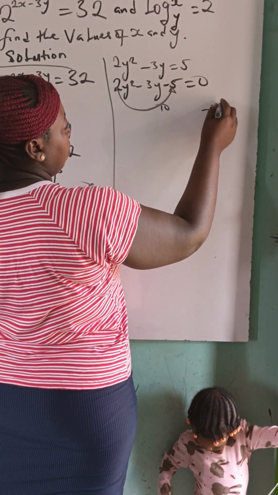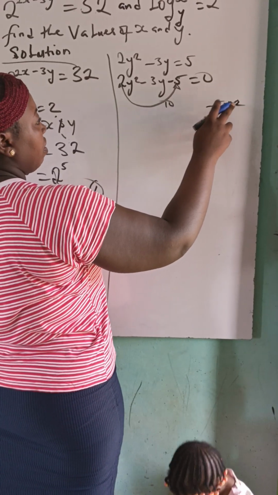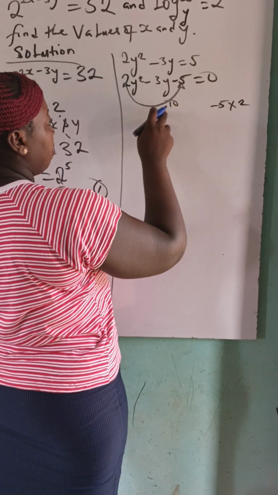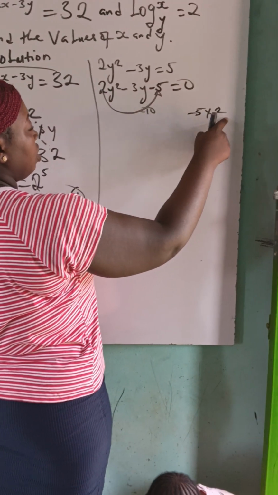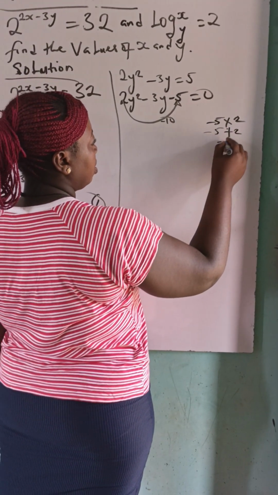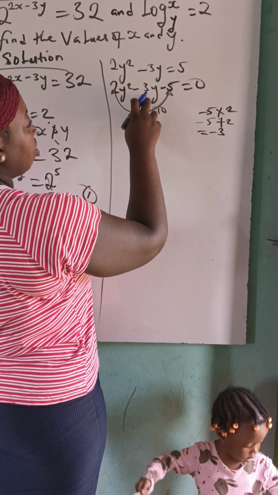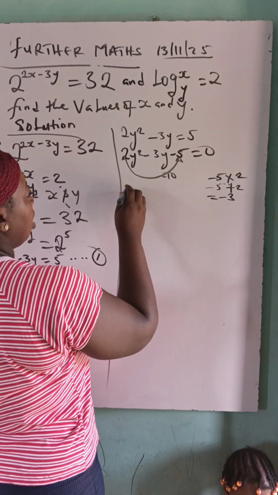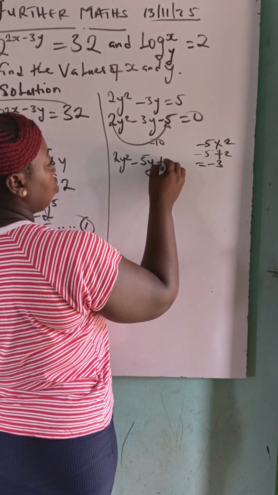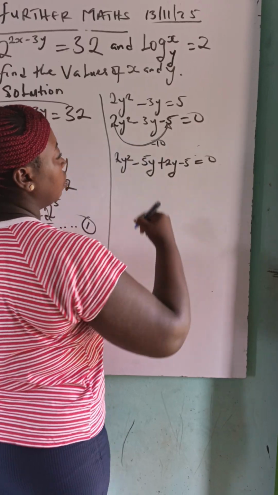We have minus 5 times 2, which gives minus 10, and minus 5 plus 2 gives minus 3. So this one suits my equation. I'm going to replace minus 3y with what I have here. So I'm going to have 2y squared minus 5y plus 2y minus 5 is equal to 0.